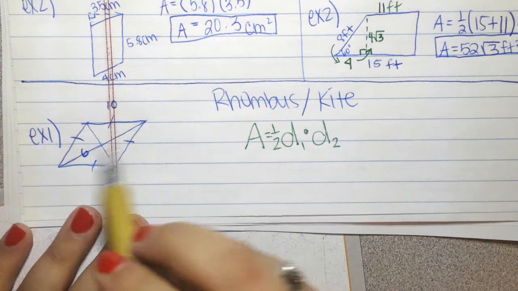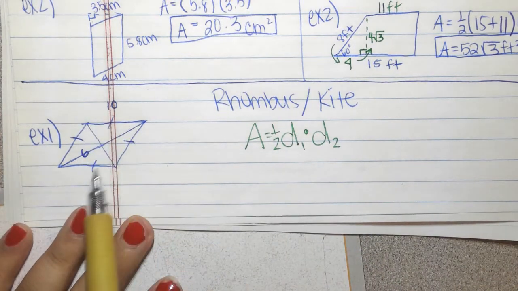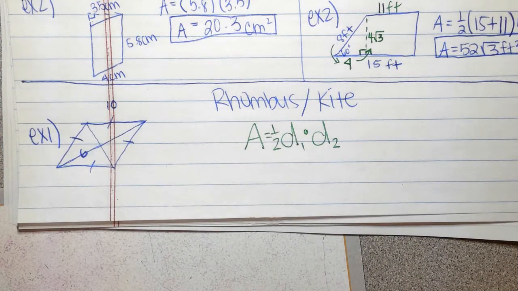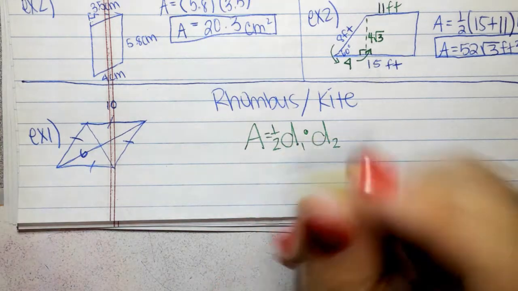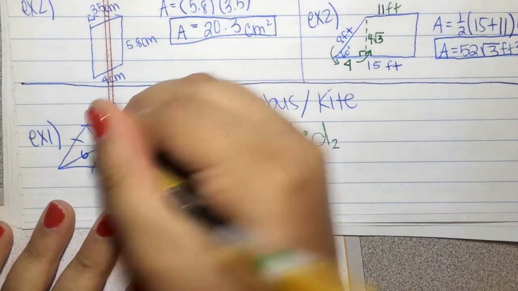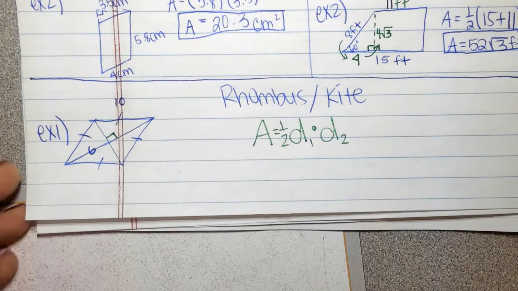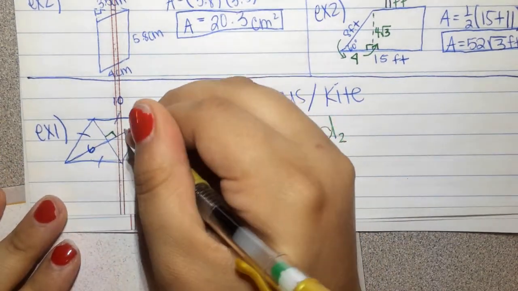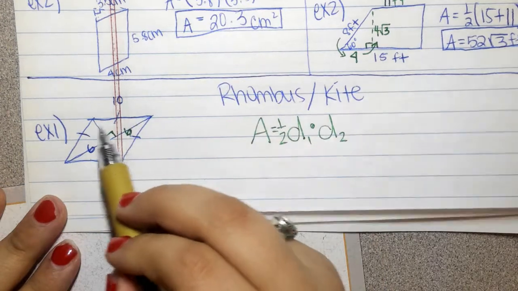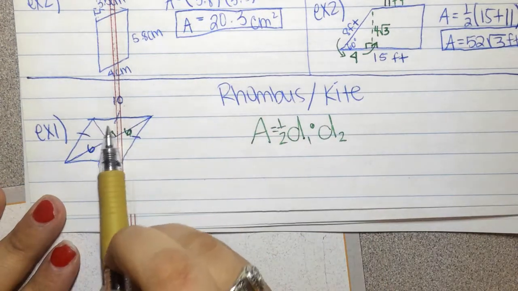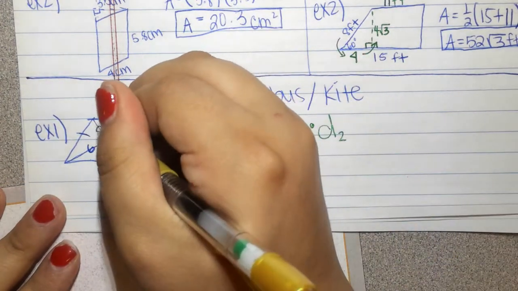So if I tell you that, and I know it's a rhombus because all the sides are the same. One thing I know about rhombi is they have perpendicular diagonals. So then if this is 6, this is also 6. So I have 6, something, and 10. What is going to be my other diagonal?